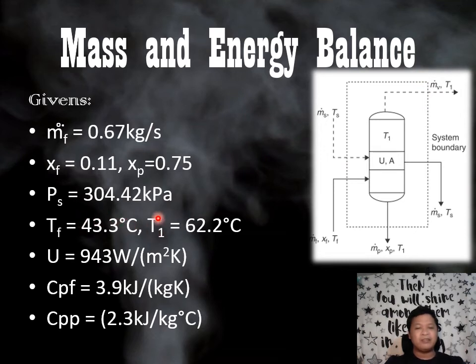So, you will use this for your MC delta T's. Okay. And then the U. So, may equation with the U so that you can get other unknowns to help you solve the problem. And then the specific heat for the feed and specific heat for the product will be used to aid in solving the energy balance natin.